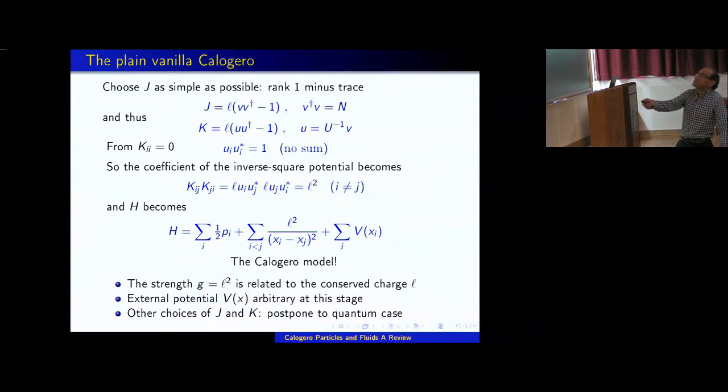V is any vector. So it's the projection on that one-dimensional space minus 1. And the length of V is n, or rather square root of n, such that the trace of this is 0. If you were to write it in a diagonal, it would be L, L, L, L, L, and then the last element minus L minus 1, minus NL minus 1, something like that.